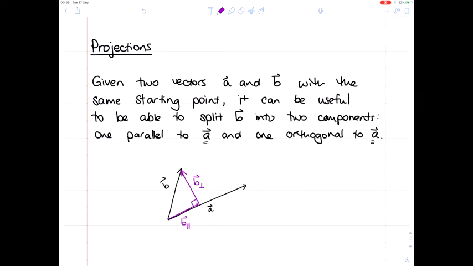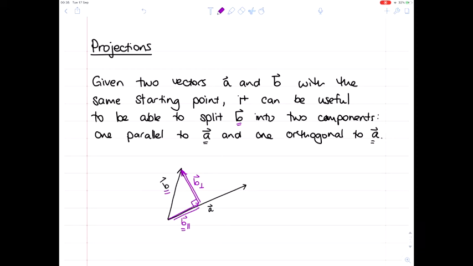So b parallel moves in the direction of a, and then b perpendicular moves perpendicular to a, and if we add those two together, that gives us our original vector b. So we're expressing our vector b in terms of things parallel and perpendicular to a.